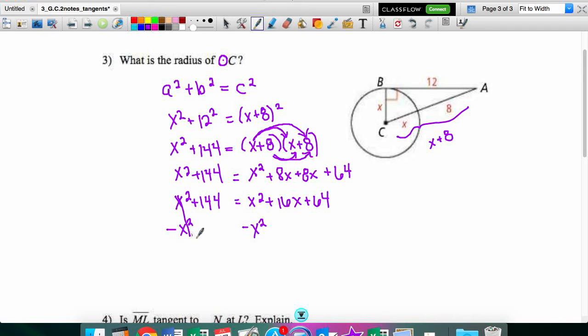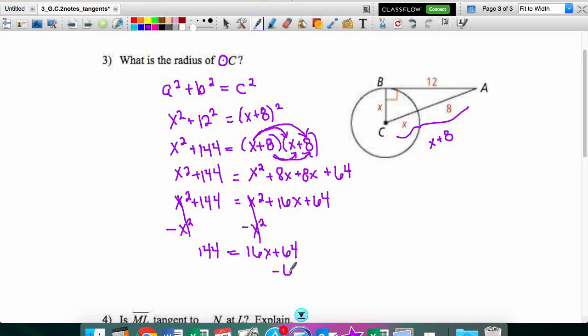What happens is the x squared cancels on the left, giving you 144, and wait a second, the x squared cancels on the right as well, leaving me with 16x plus 64. Look at that, the x squared terms just completely went away, leaving us with one single x to solve. Isn't that convenient?